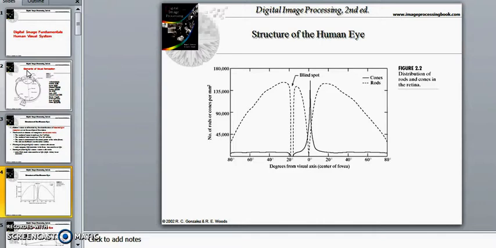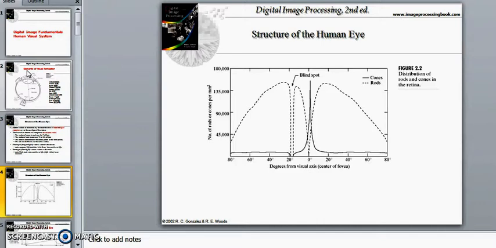cyan to red. By combining the response of the three types of cones in a small area of the retina, we are able to perceive any color. This process is called trichromacy. Because of the trichromatic way the human eye operates, we also need three distinct colors to reproduce a certain color on a medium.